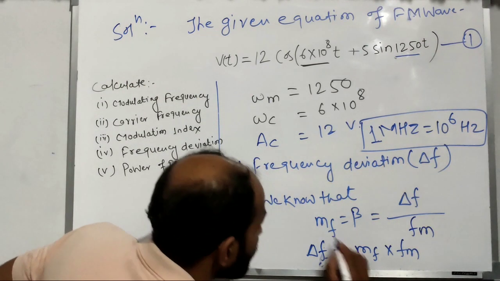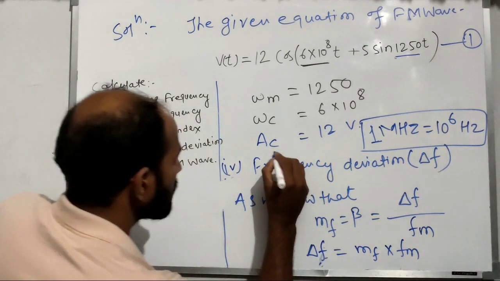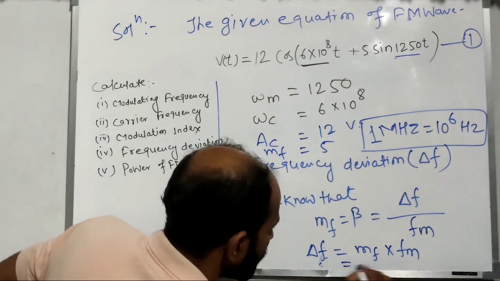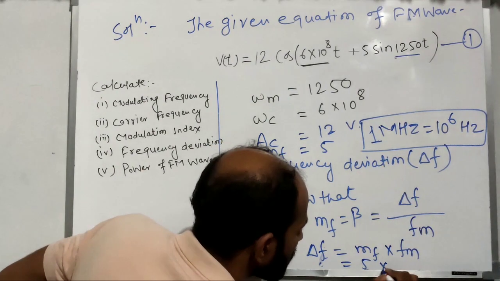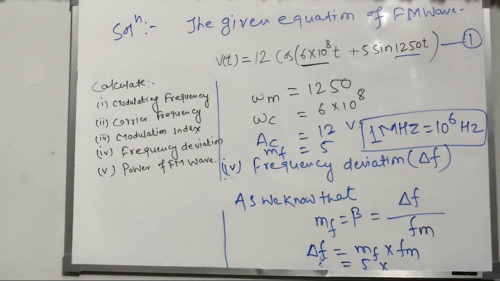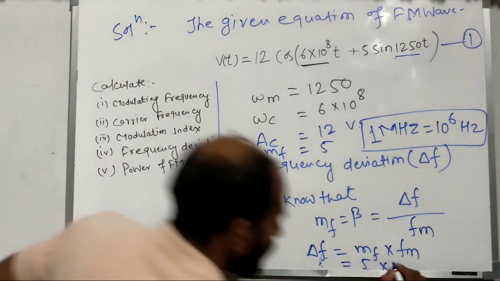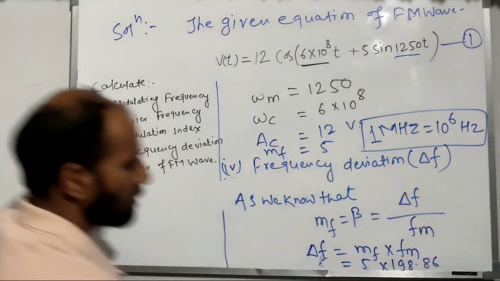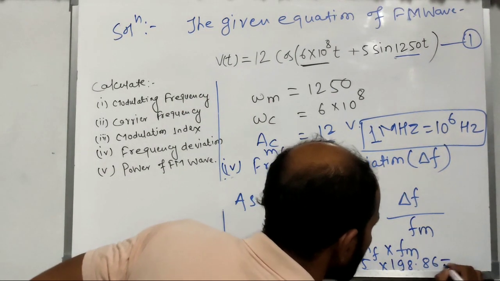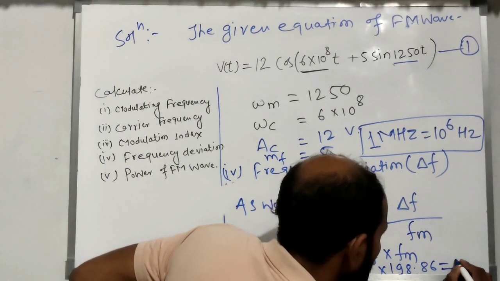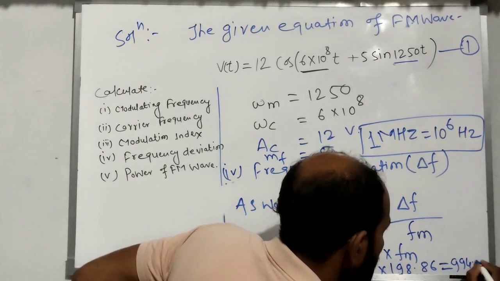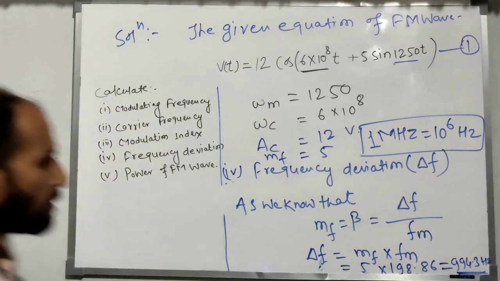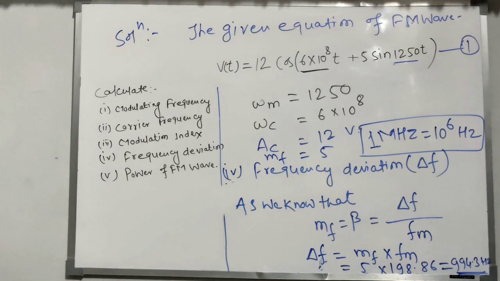Now we put the values from above. Here mf is equal to 5, so 5 into fm, the modulating frequency we have already calculated, 198.86. Now we calculate this value. This calculation shows 994.3 hertz. This is the value of delta f, meaning frequency deviation.